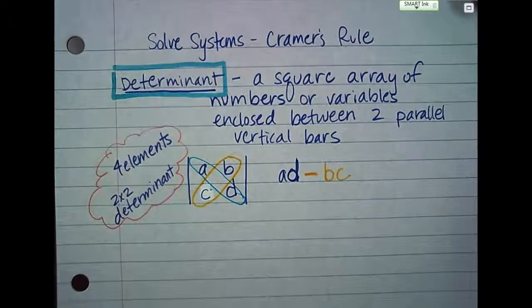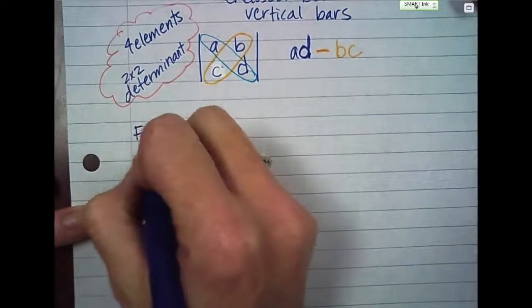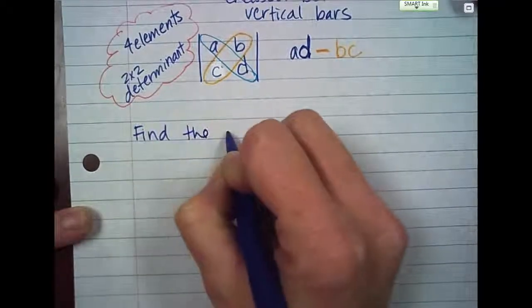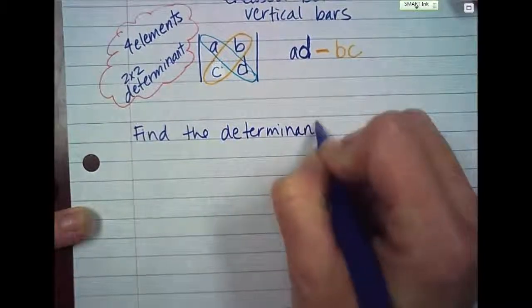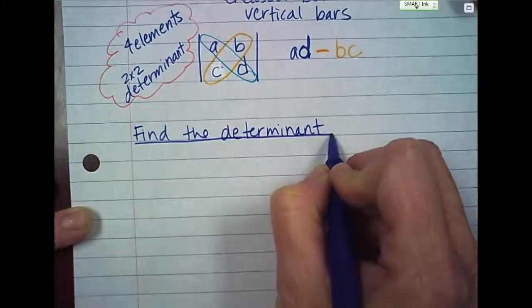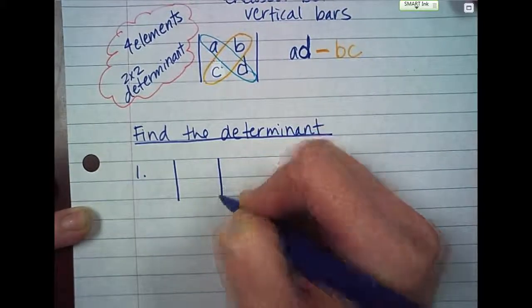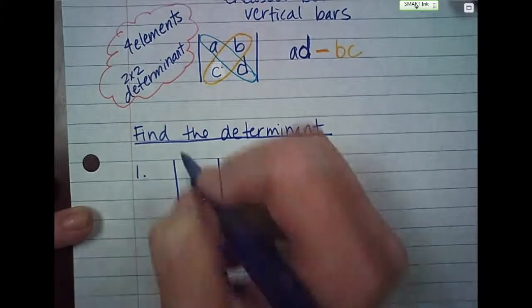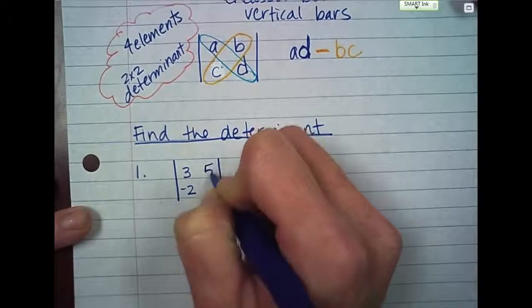Now that I've butchered that, let's try an example. Find the determinant. You need to know how to find the determinant in order to use Cramer's rule. So I'm showing you how to use the determinant. So there are your bars that I was talking about. And this time we're going to fill it in with 3, -2, 5, and 6.